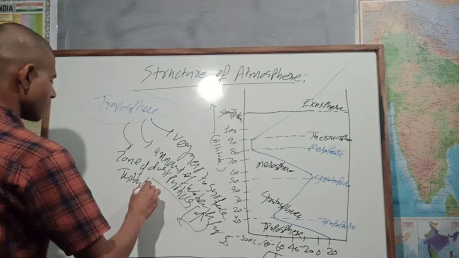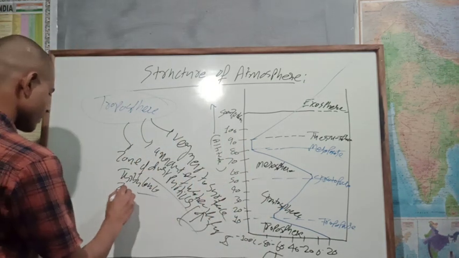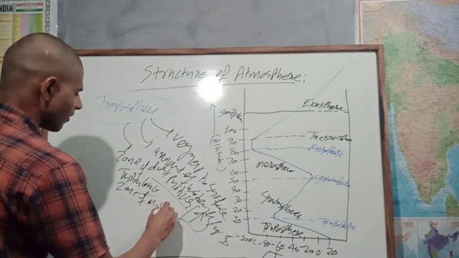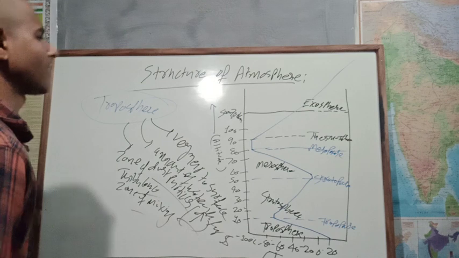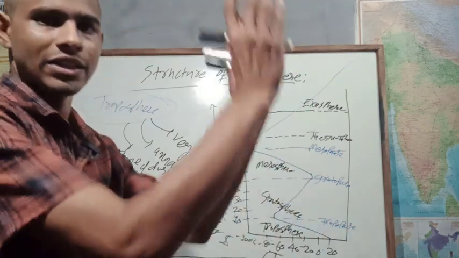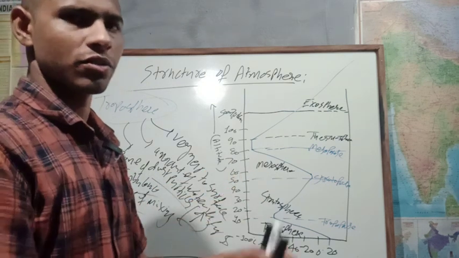Why is there a zone of turbulence, or we can say zone of mixing? I will discuss the concept of convection later. What happens is vertical air rises and horizontal air moves, so due to this there is mixing. That's why we call it turbulence.